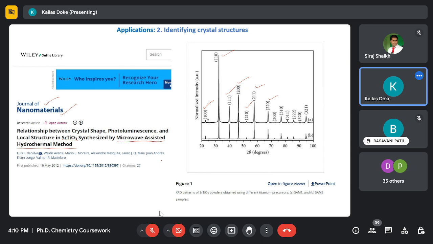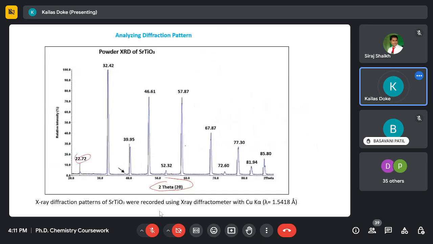Instead of 100 or 111 planes, I have quoted 2 theta values, because on the x-axis it is the 2 theta values. So with the help of the scale, we can convert that particular powder XRD into the form of 2 theta values.